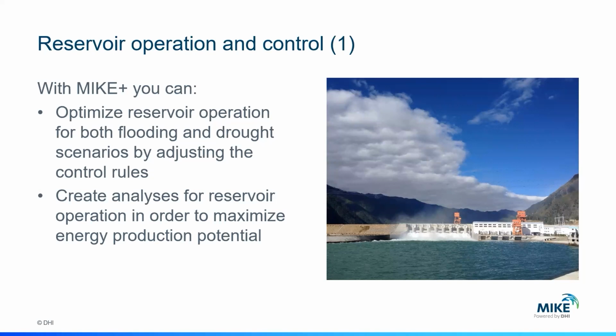These control rules consist of pairs of sensors that trigger when a control rule is going to be activated. For example, the water level reaching a specific level inside the reservoir, and an action which controls what happens when a specific trigger has been activated.